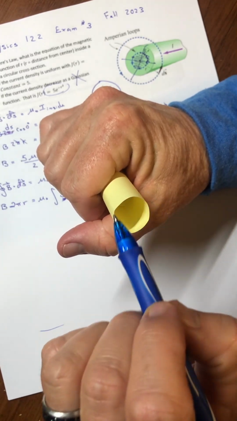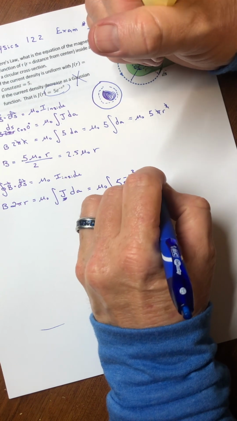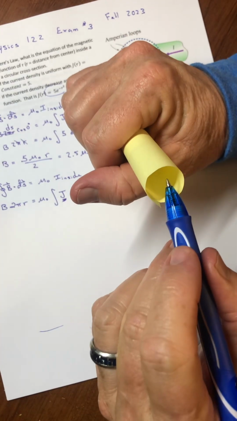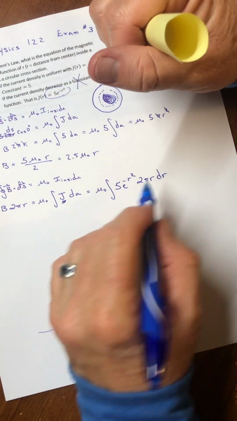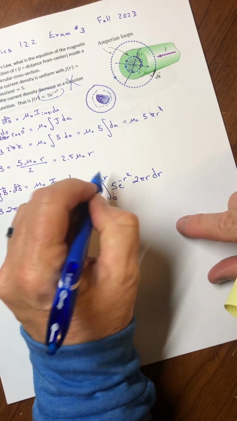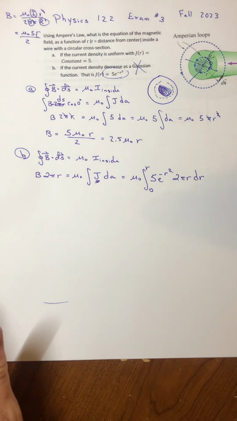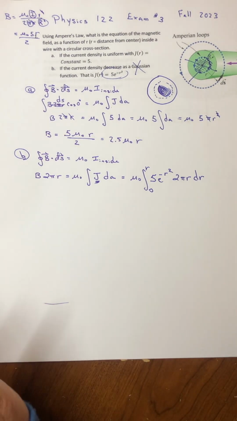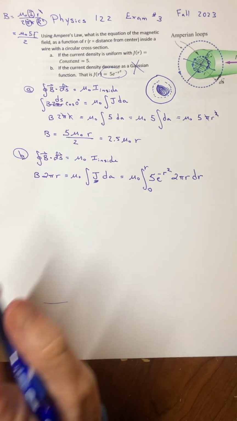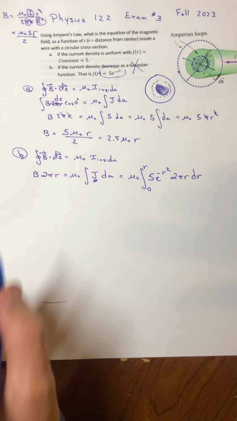But if I take a ring here, the area would be its circumference, 2 pi r, and its thickness would be a dr as I'm adding up from the smallest one out to the biggest one. And so there's the hard piece. And then luckily, this has a perfect u sub. So it's not a hard integral. And so maybe just setting this up is the hard part of this.